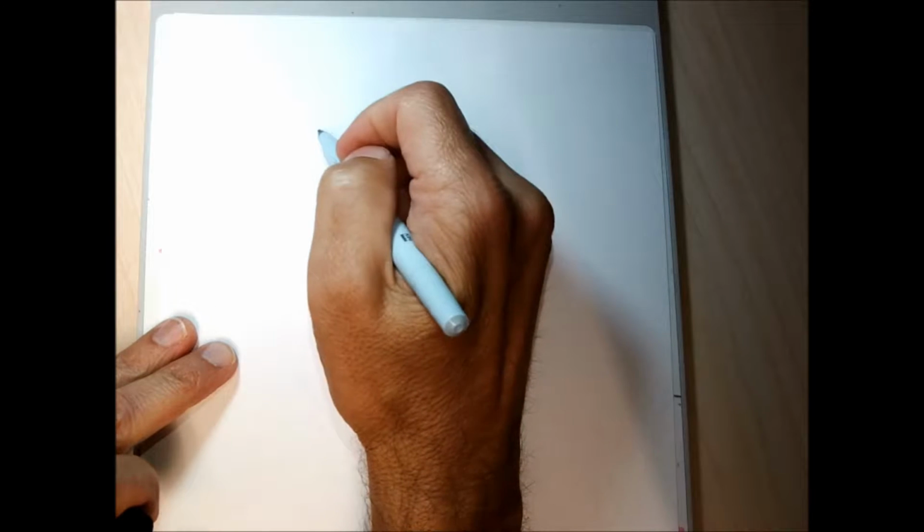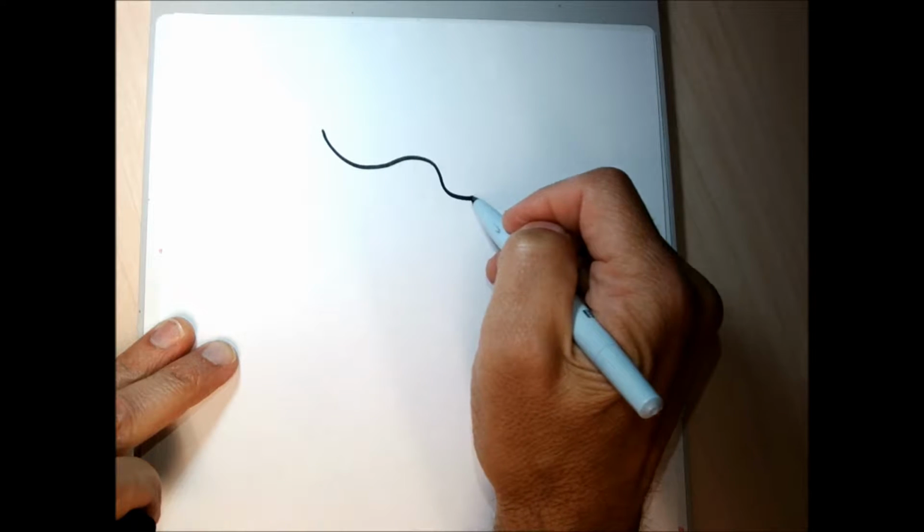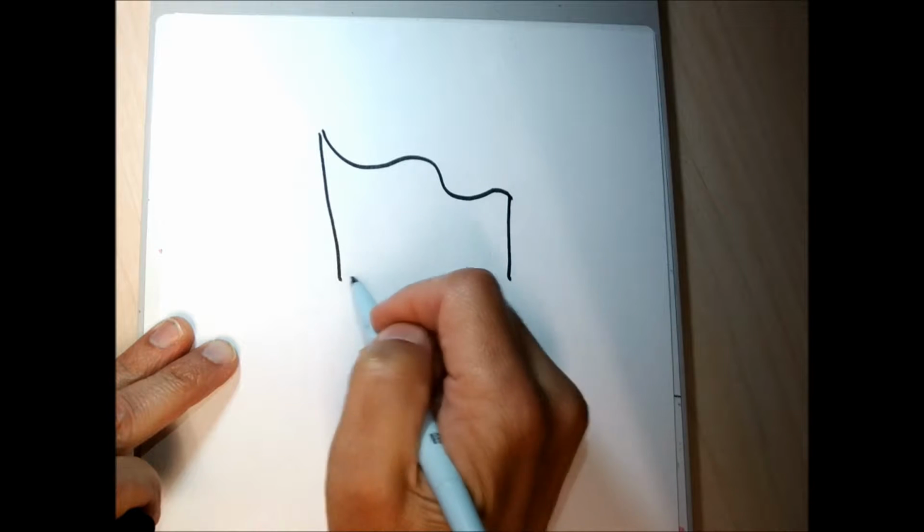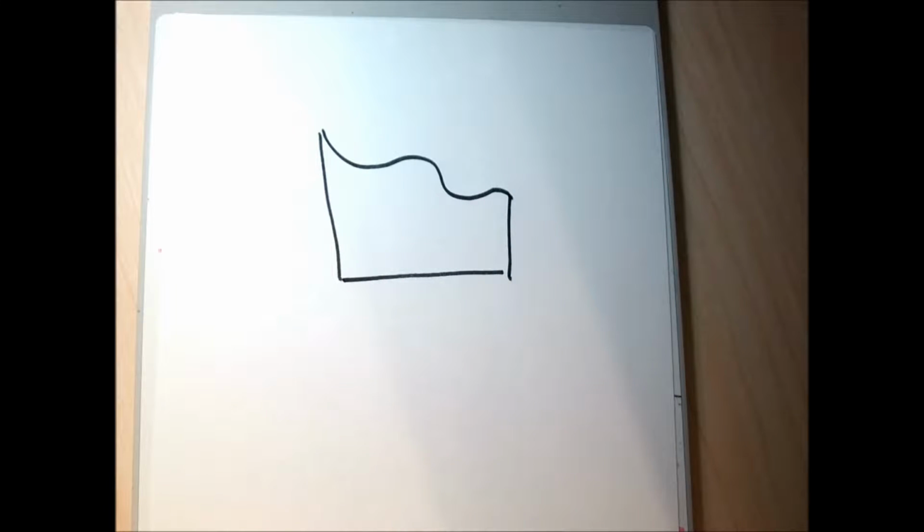With geometry, you can only calculate the areas of kind of perfect shapes: circles, ellipses, any polygon that has multiple sides with straight edges. You can do the area of those exactly, but you can't find the area of this in geometry because it's not a regularly shaped shape.